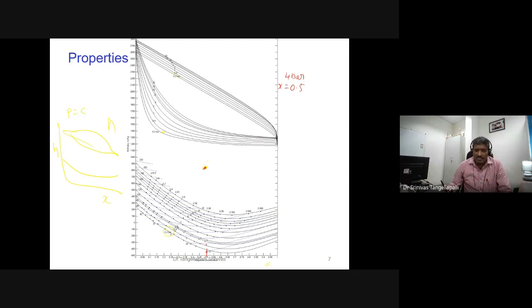But the temperature I have to select between the bubble point and dew point. What are the bubble point temperature and dew point temperature at 4 bar? This is 4 bar, okay? At 4 bar and 0.5 concentration, this is okay. And the temperature, are you able to read this temperature?